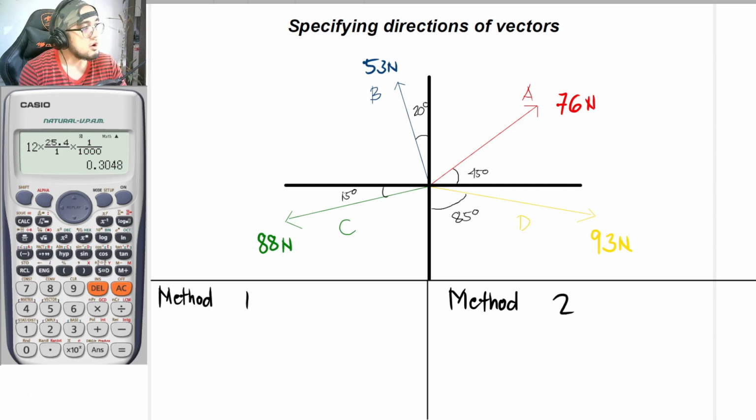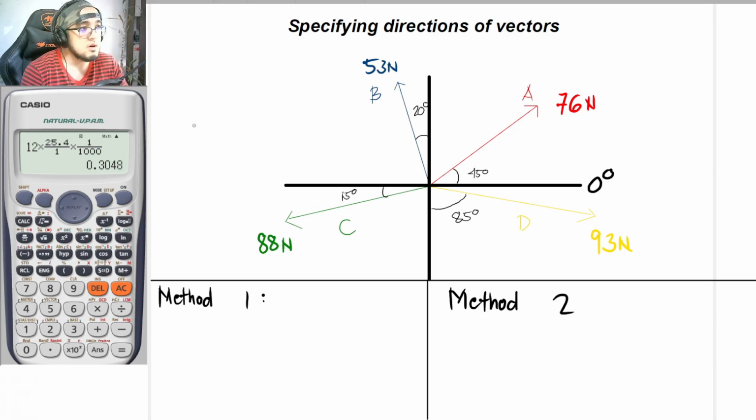For your method one, of course we would be writing the magnitude, and as for its direction, we would be making use of our 0-degree reference line. Once again, for method 1, we would be making use of the 0-degree reference line. And as for your method 2, we would be using our geographic directions, such as north, east, west, and south.